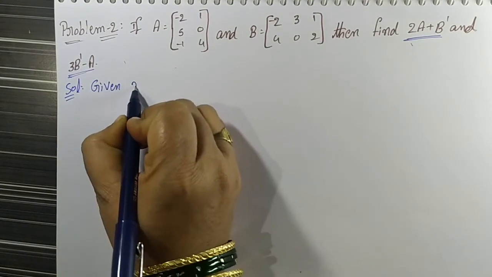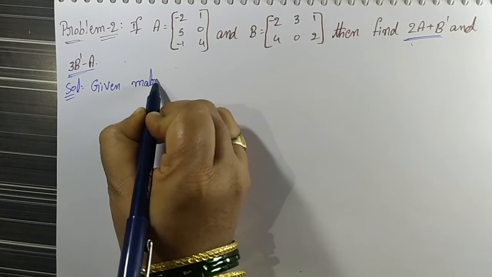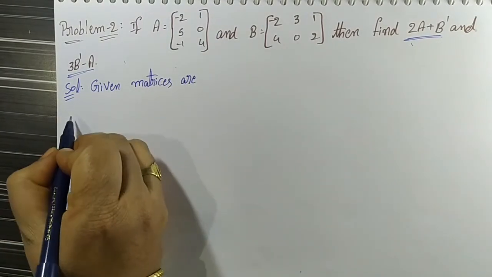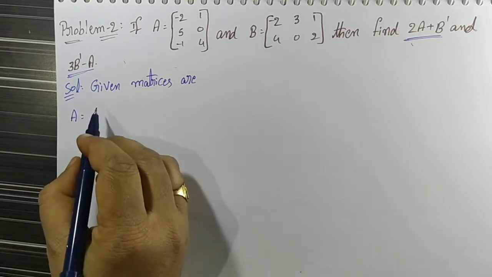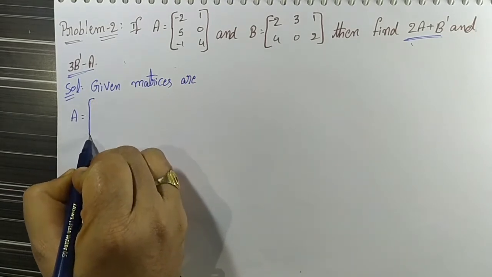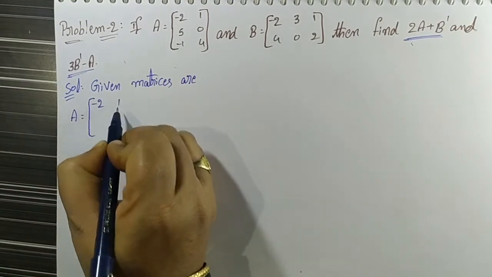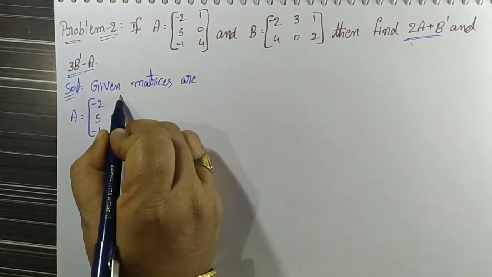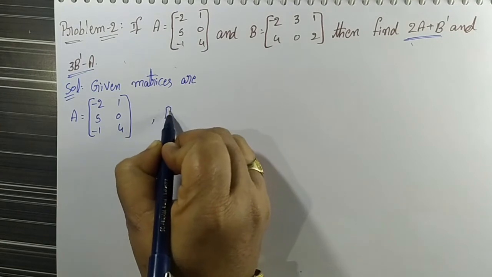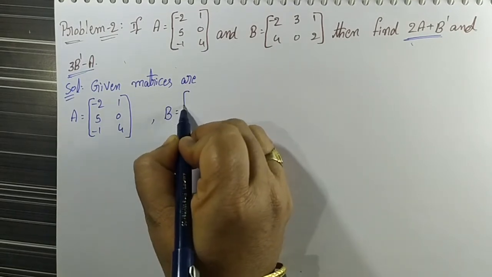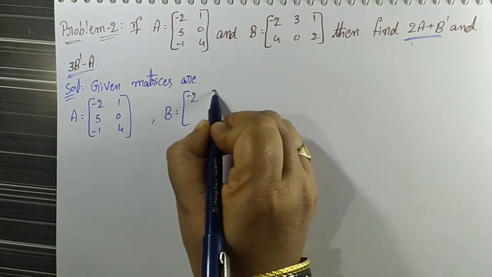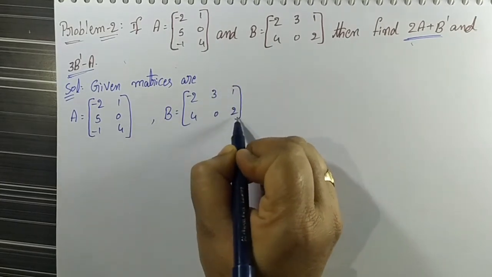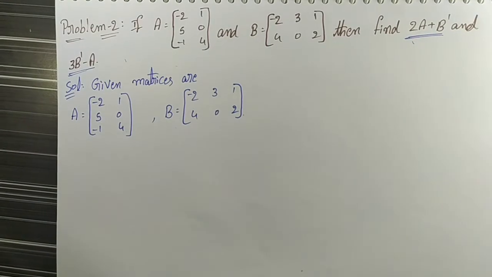The given matrices are A equals [-2 1 5; 0 -1 4] and matrix B equals [-2 3 1; 4 0 2]. This is matrix B.